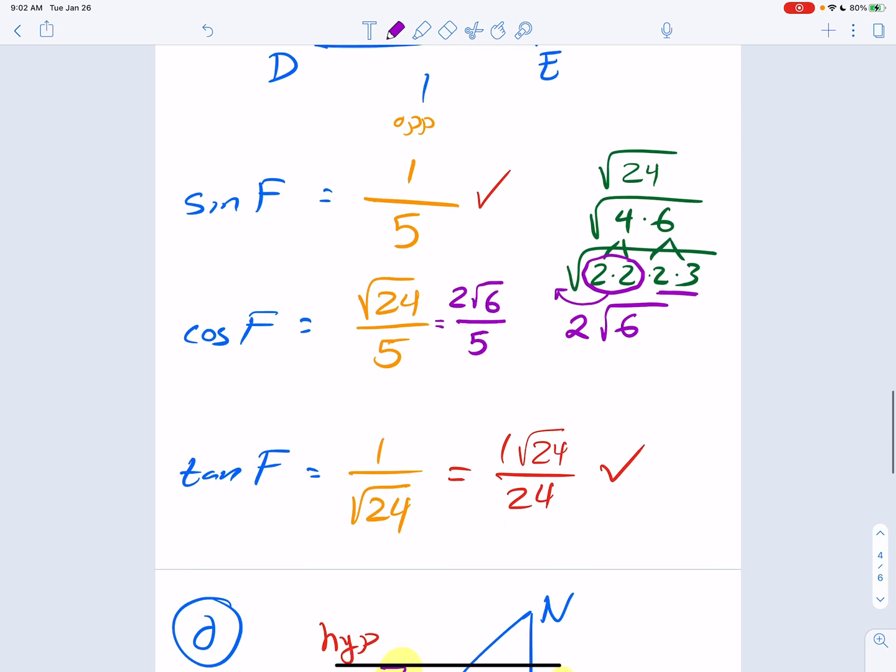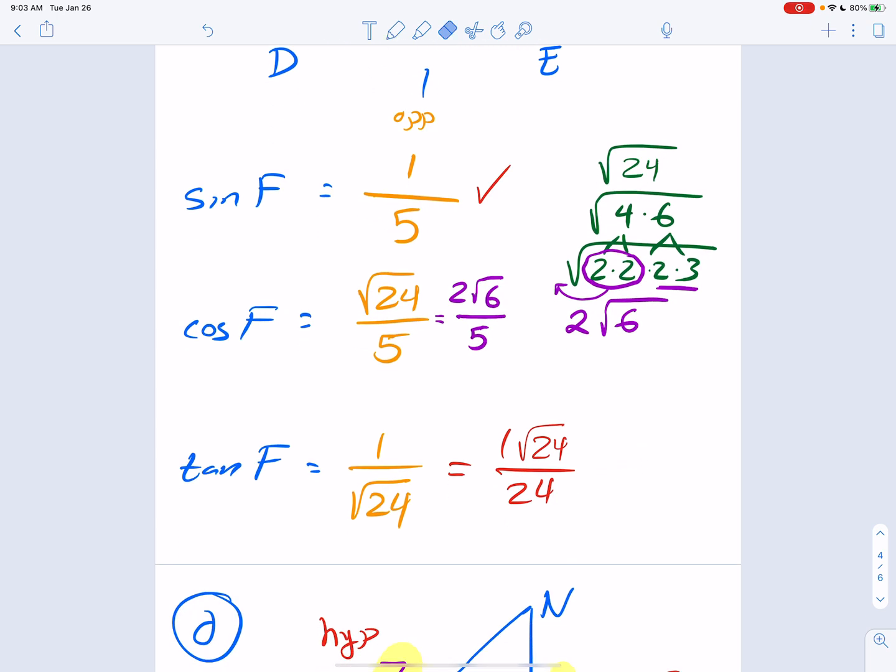Okay? So down here, we actually have to go a little bit further. This would have to be 1 times 2 radical 6 over 24. I'll show you the highlights just so you know what I did. I replaced the square root of 24 with 2 radical 6. Now, all the stuff that I'm going over with you guys right now are minor details.